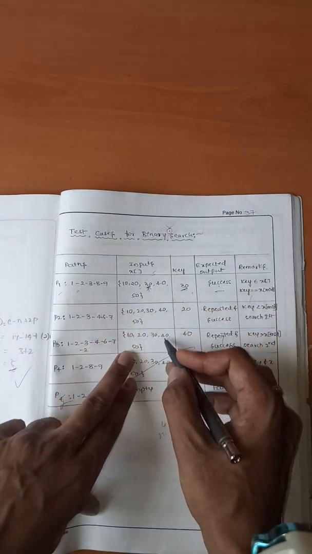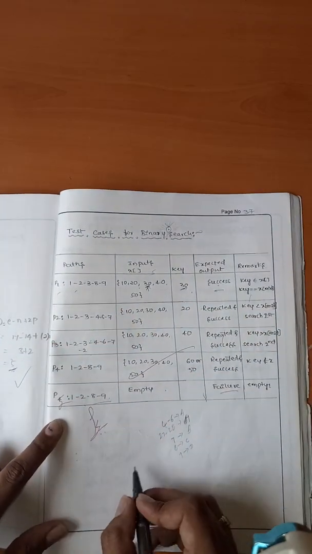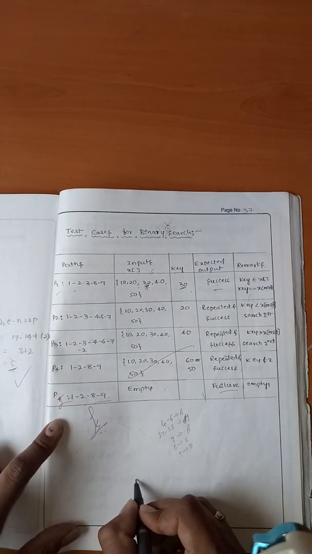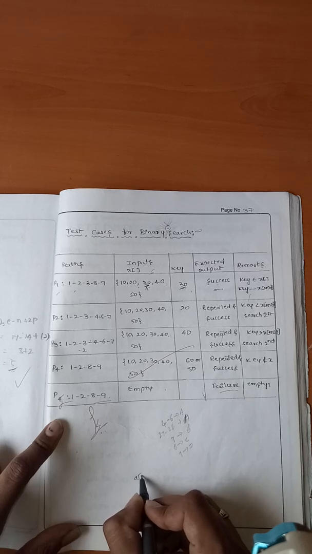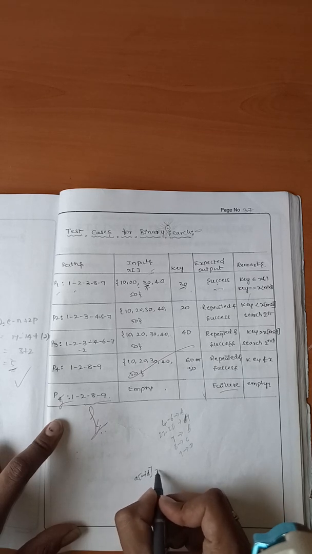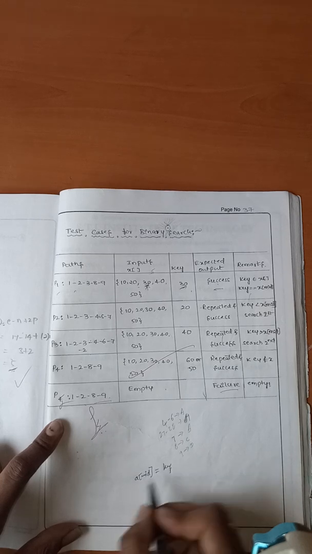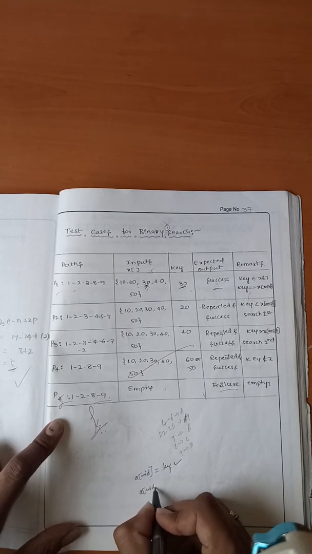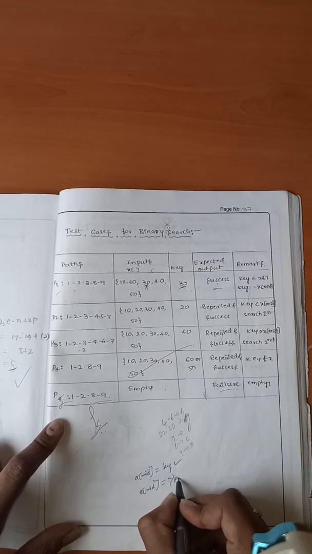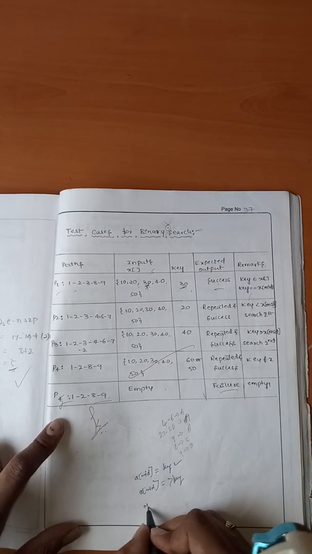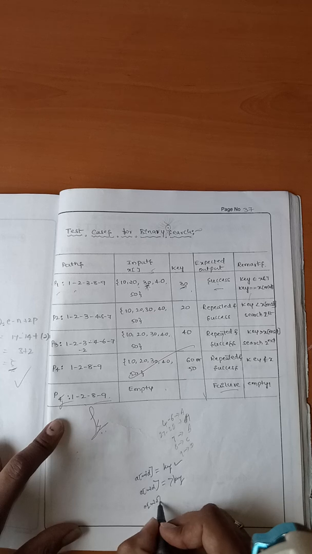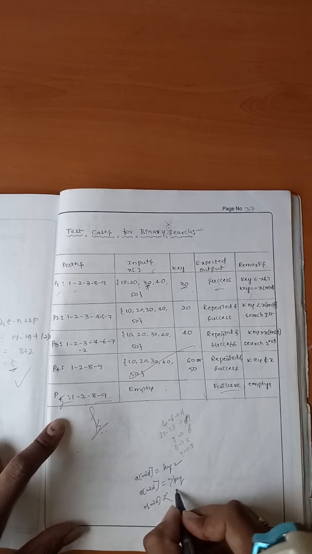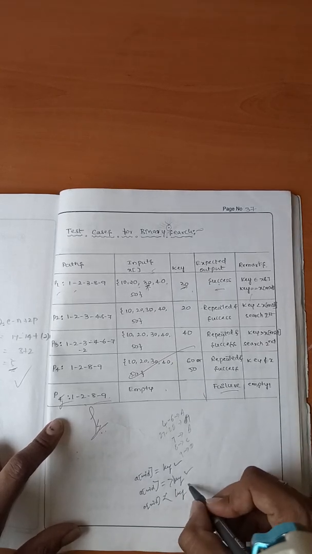Like that, we derive the test cases based on whether A of mid equals key, one condition; A of mid greater than key, another; and A of mid less than key. 2, 3.